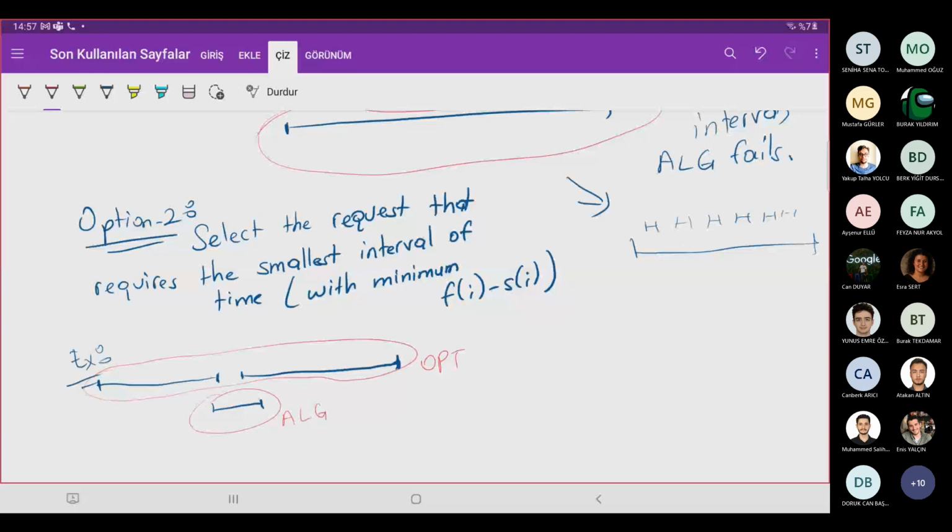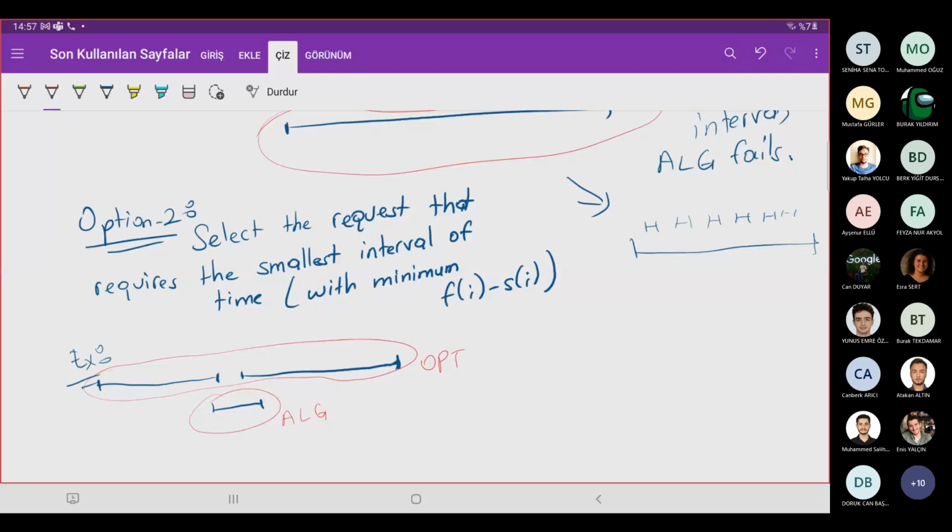So let's continue thinking then. Okay, it didn't work here. So what else can we do to improve it? We need to adapt our algorithm. Here, the thing that matters is the number of requests that a request overlaps with, right? So the length of the request, we saw that it may not be a very good indicator of this number of overlaps. So let's change my criterion to the number of overlaps.